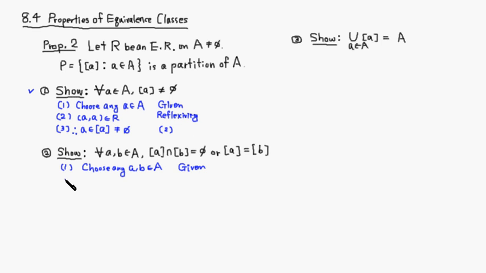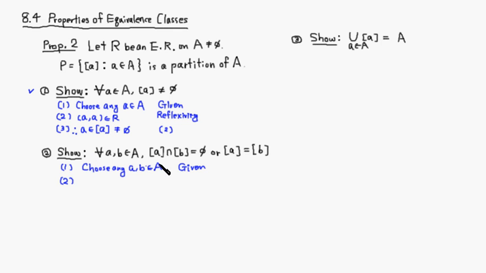Line 2: if you look at the equivalence classes, they are either disjoint, so the intersection is empty, and then there's no problem, so we are done there.